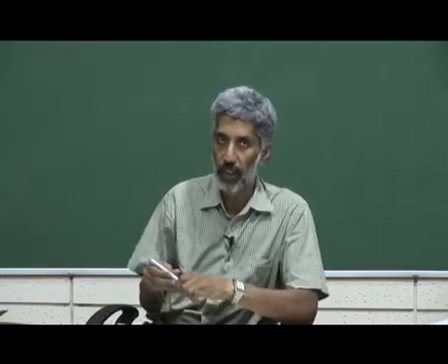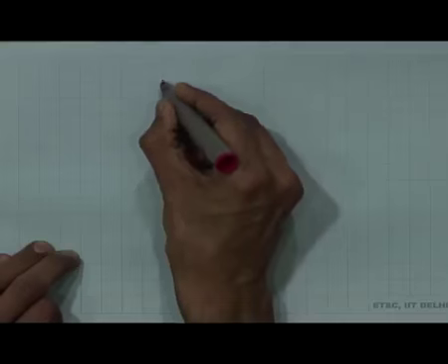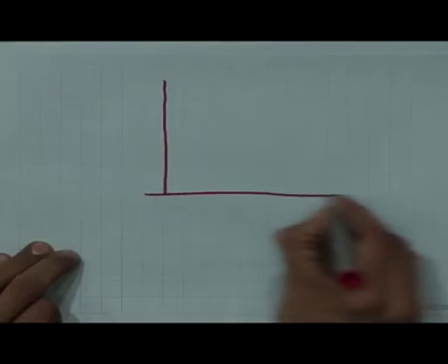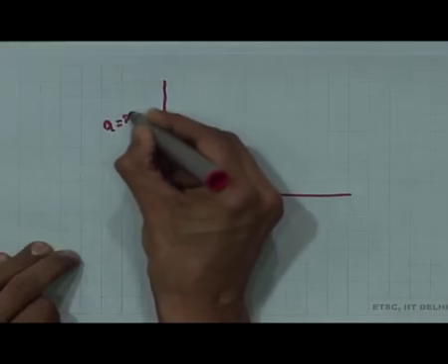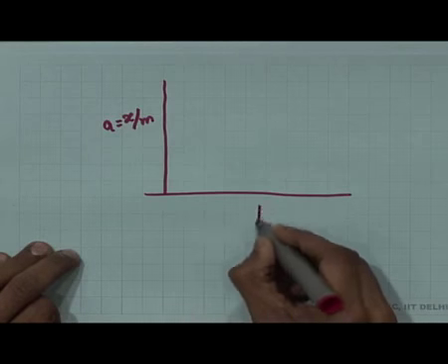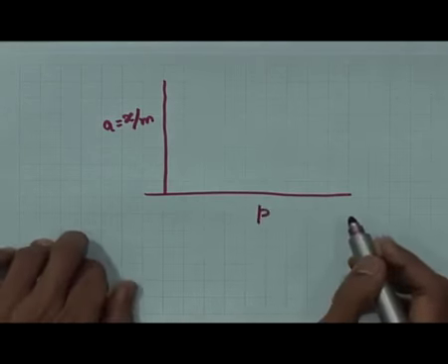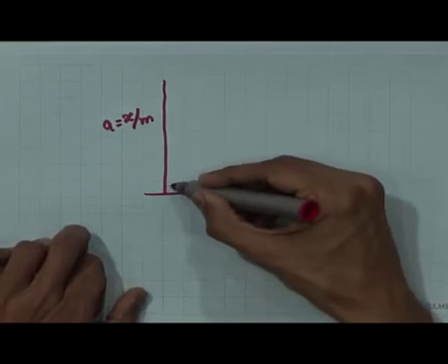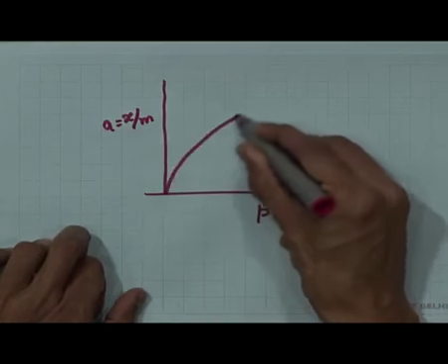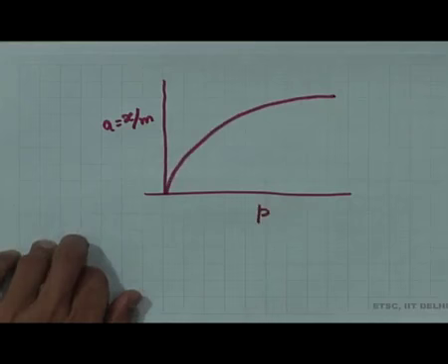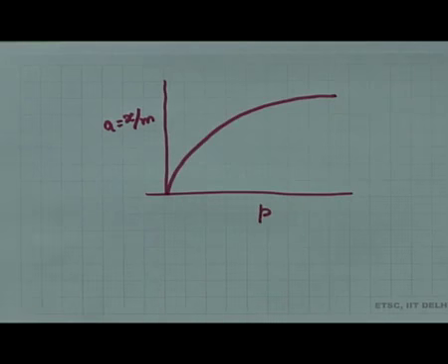And if you did this, as he has done this, and if you now plotted, take this data that he has given you, and if you plotted A, which is x over m, as a function of pressure, what you will find is something which looks like this. And you can take the data, take the slope, which is just the difference between two A's.